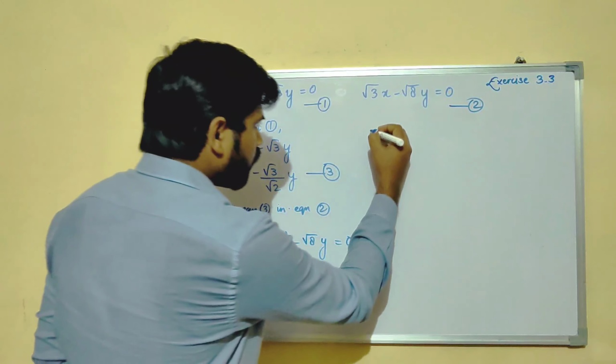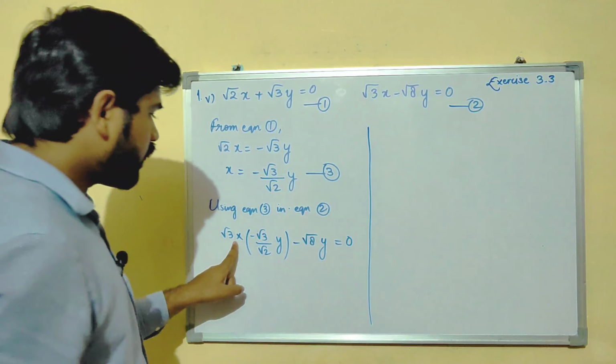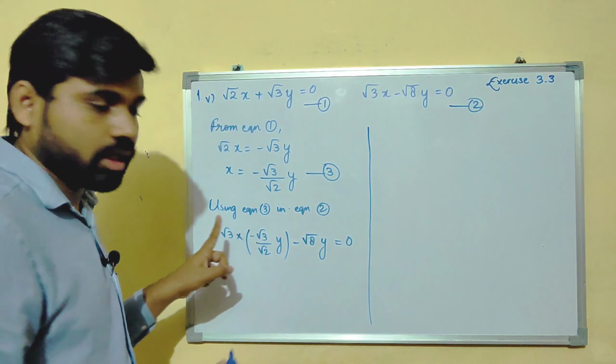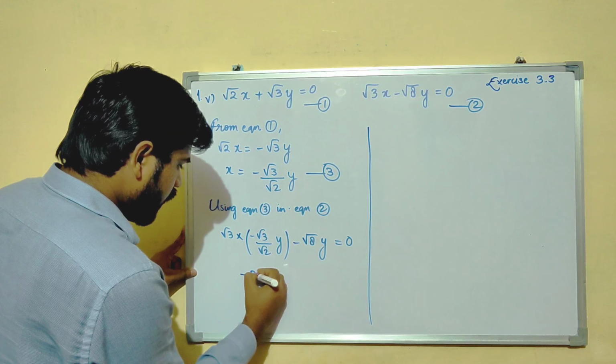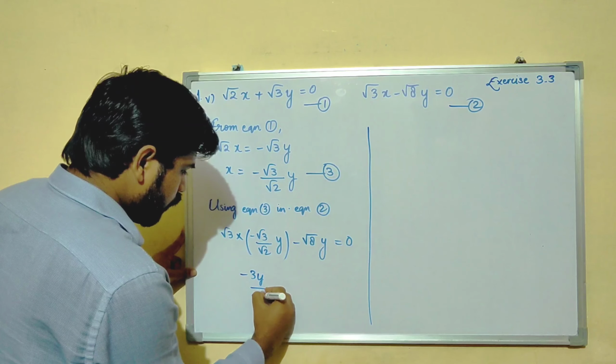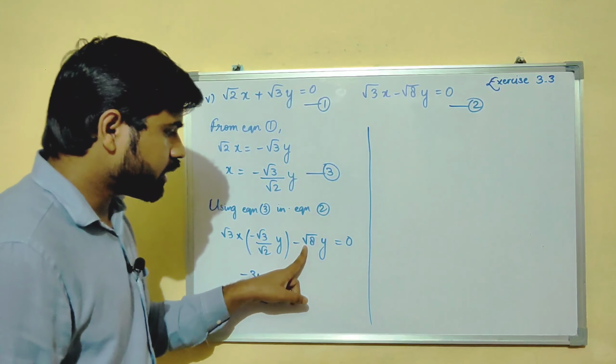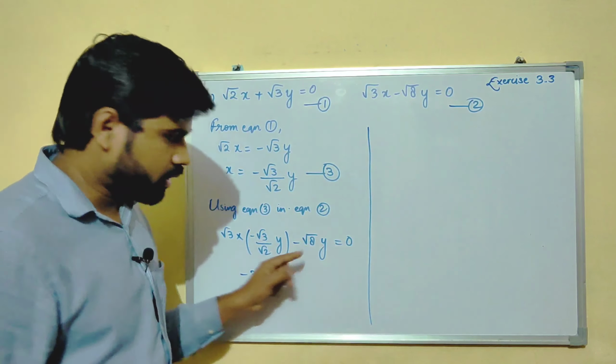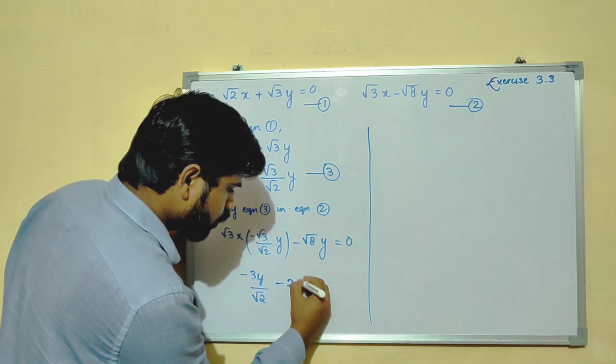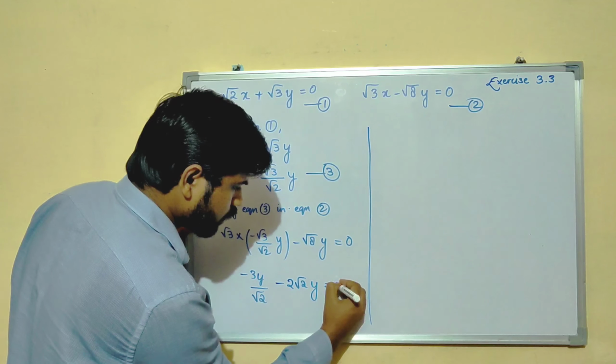Let us simplify it. Root 3 times root 3 is 3, right? Minus 3y upon root 2, and root 8 can be simplified further. You can write root 8 as 2 root 2, so minus 2 root 2 y equals 0.